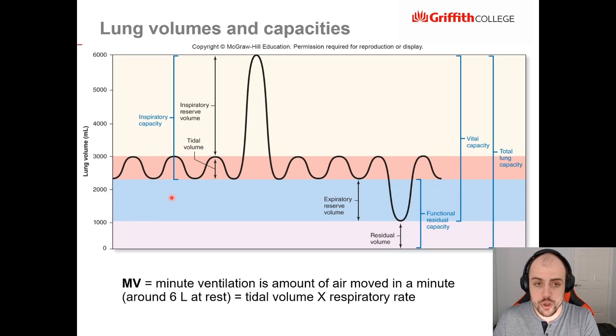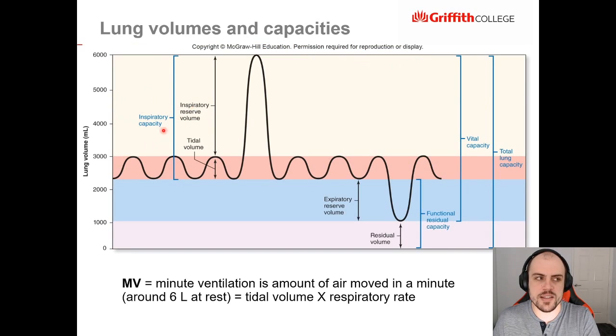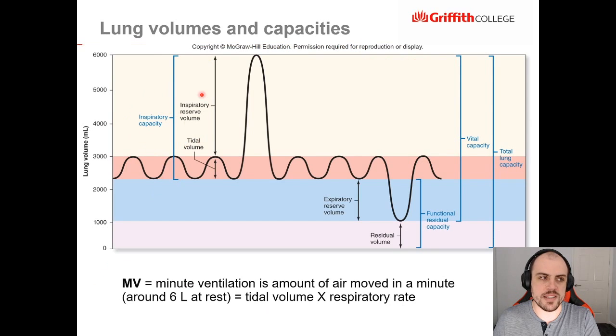So you should be able to draw and label this whilst explaining to me what each of these things mean. What is this squiggle telling me? The next thing I want you to know is these measurements, these various volumes and capacities, which is what we're seeing on this graph.